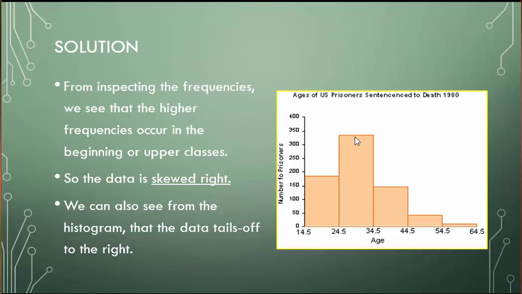The most frequent class is the second class, and then it tails off to the right. So here's an example of data which is skewed to the right. In other words, it tails off to the right. So that takes care of the notion of symmetry and skewness of distributions, and that takes care of measures of centrality.